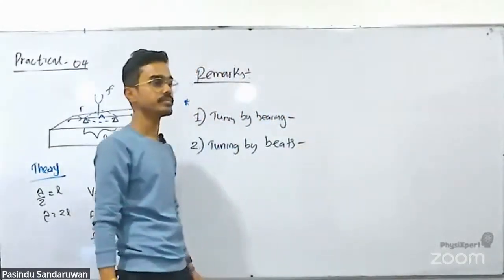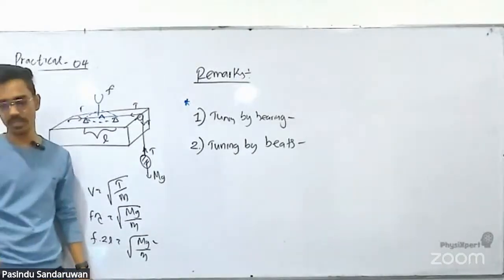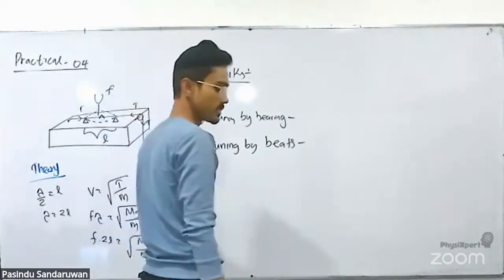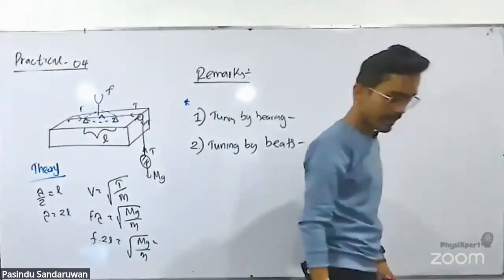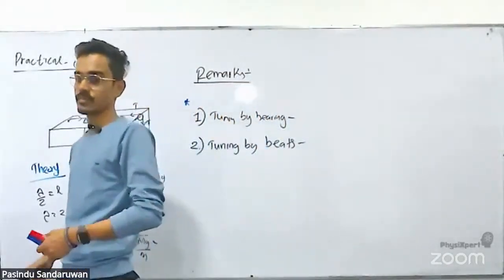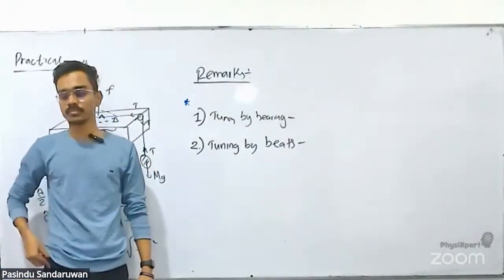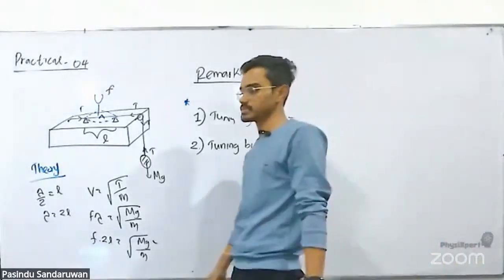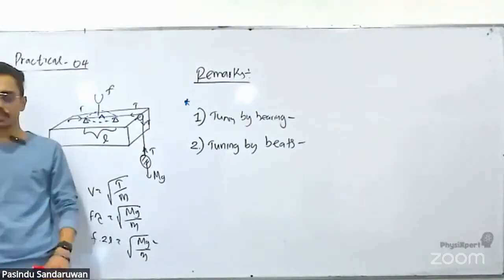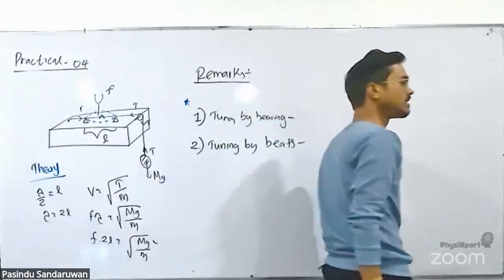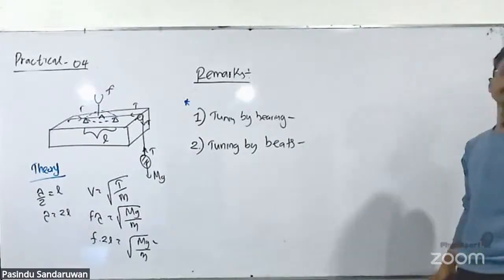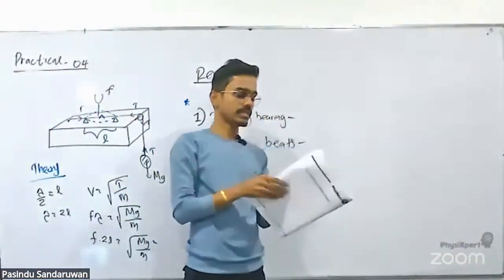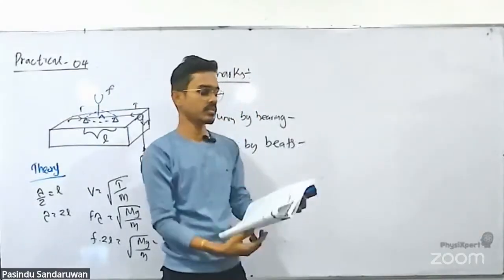Okay, write down: vibrate tuning fork and sonometer wire simultaneously, and adjust the gap between bridges until no beats are heard.